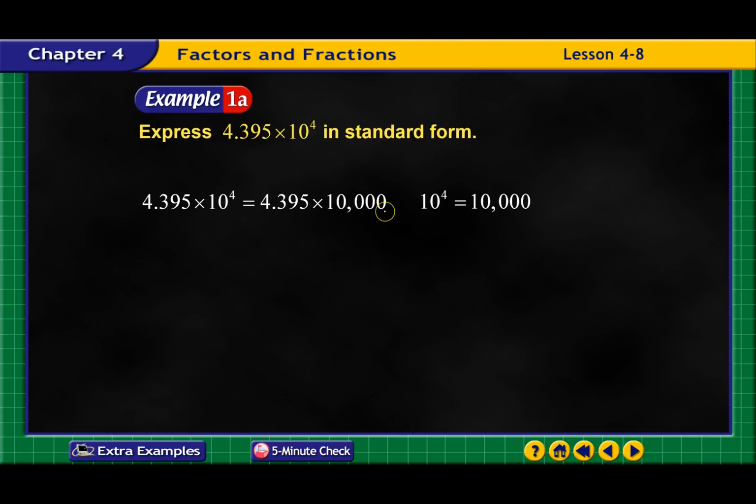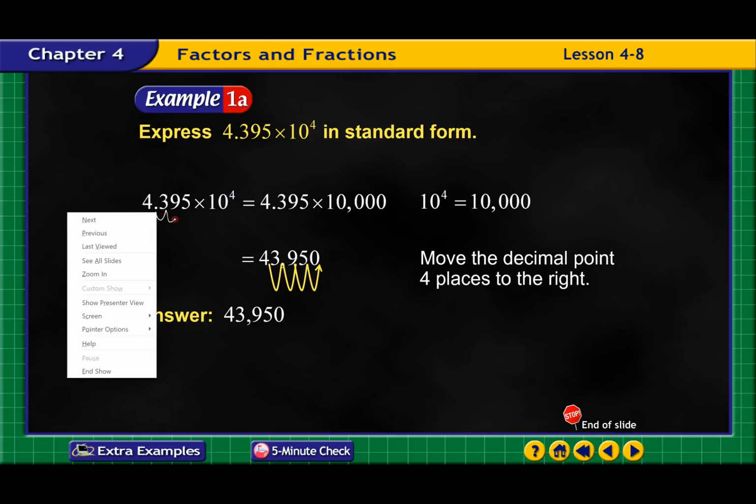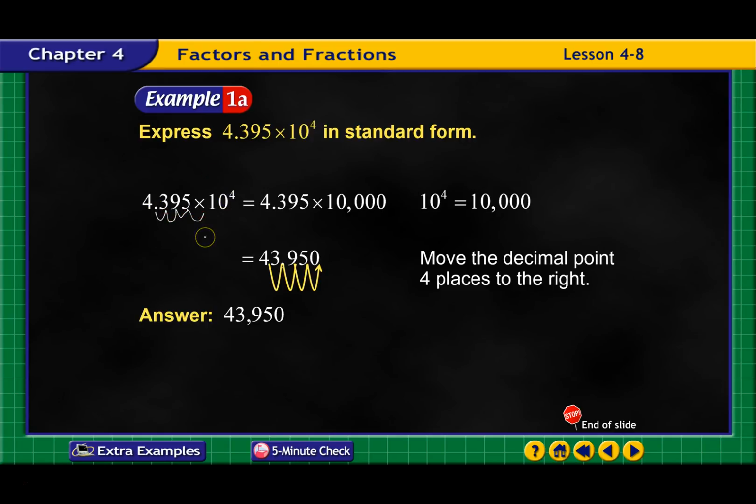So we'd multiply that over. So this means moving this over 1, 2, 3, 4 times. So move the decimal place to the right 4 times, and that would give us our number. So you can kind of skip all this part here and just say 4 spaces, and I would just take the original number, go 1, 2, 3, 4. And then you'd have to add the 0 to it.